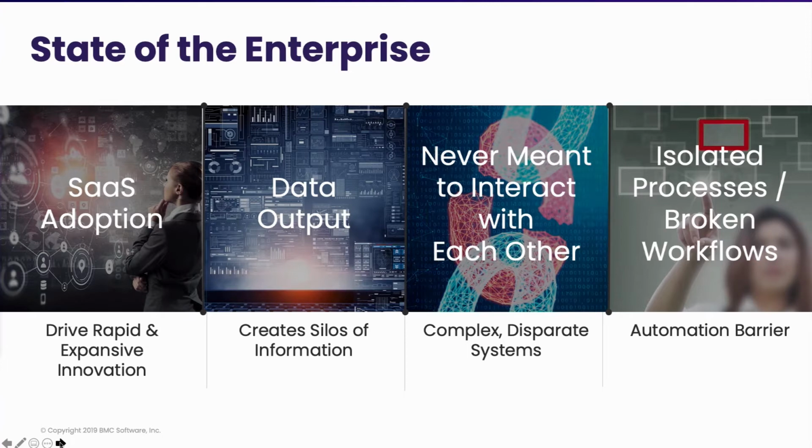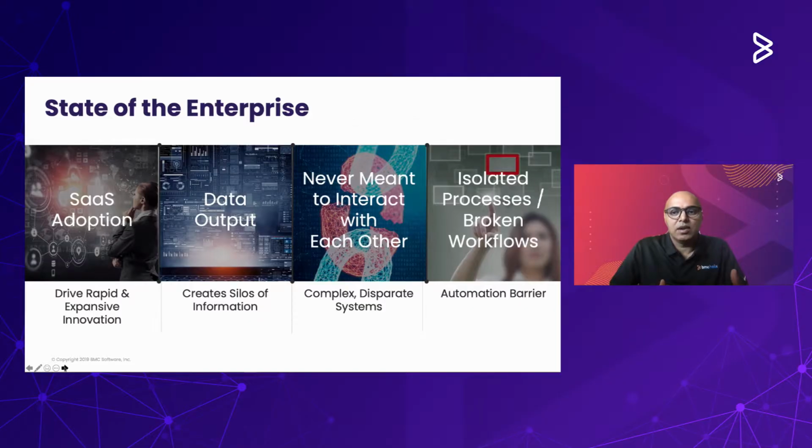We have a set of systems coming together through different technology waves that we, as an IT provider of service, have to put together for our customers and stakeholders to experience. Automation is the key in terms of tools and technologies. How do we make these processes seamless? That's the state of the enterprise at a high level.